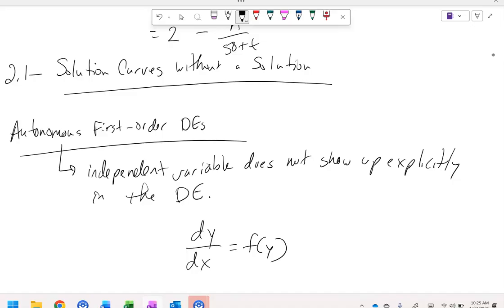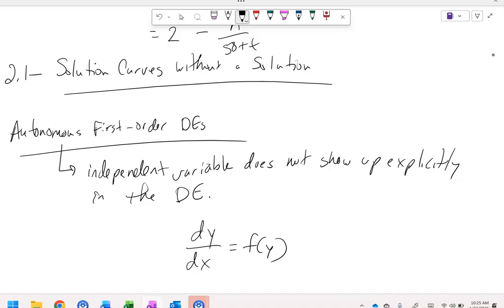Okay? You can have autonomous second order or autonomous third order or what have you. Again, in those, x just doesn't appear explicitly. If it's a third order autonomous, you would have a y triple prime, a y double prime, a y prime, and a y. That's all okay, but no x's. Okay? All right.